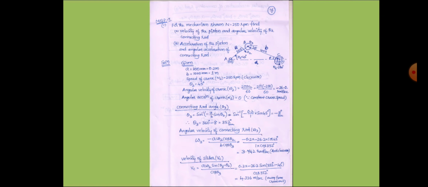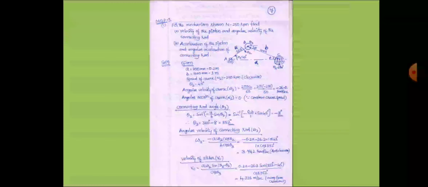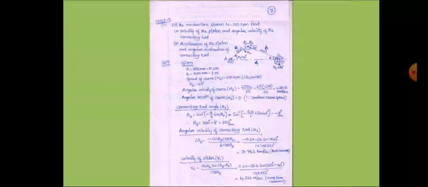Then the acceleration of the piston or slider, AC. And the fifth one is the angular acceleration of the connecting rod, alpha 3. Only 5 formulas you must list out and you must mug up, to solve the numericals on velocity and acceleration.